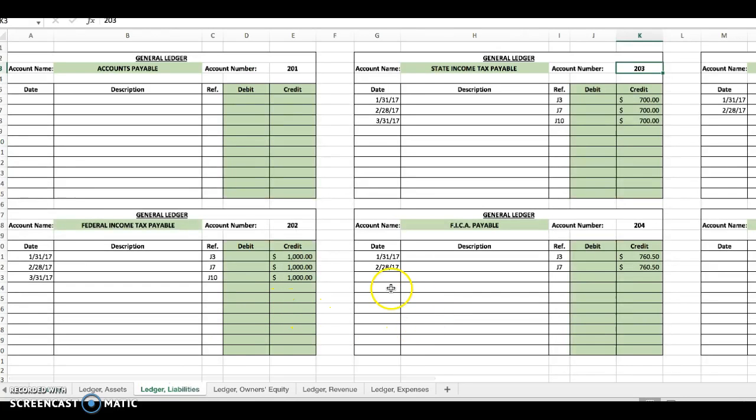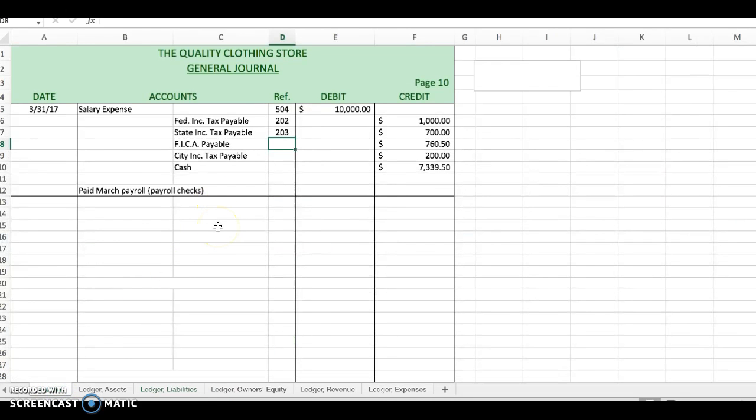And again, in the liability section, the date, the amount credited, and the journal is J10. And this is liability account 204. So back in the journal, I put in the reference column 204.